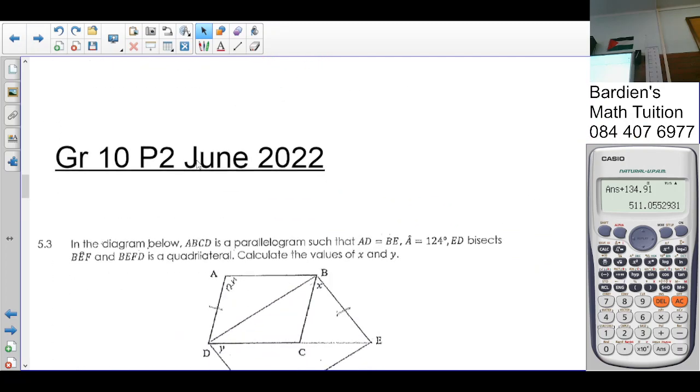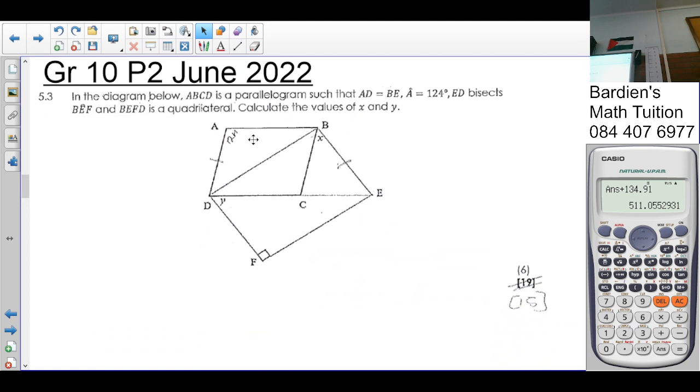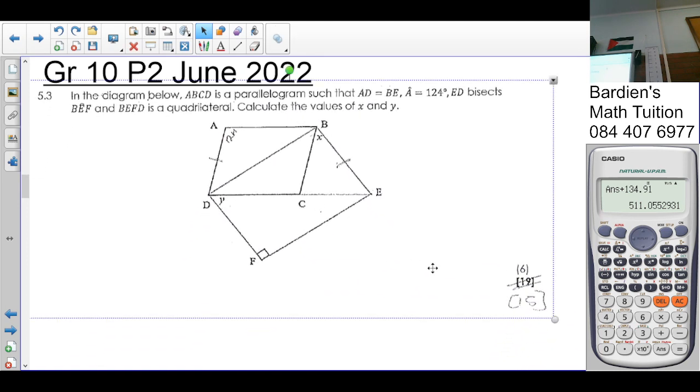Okay, let's do the next one, 5.3. In the diagram below, ABCD is a parallelogram, such that AB is equal to AD, which is equal to BE. Angle A is 124 degrees.